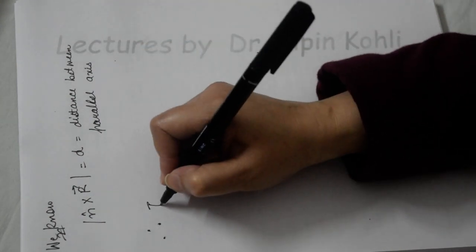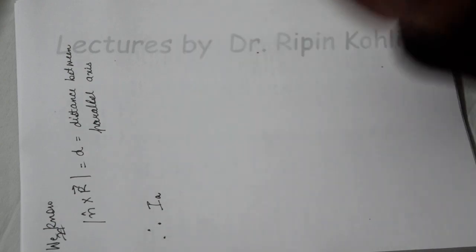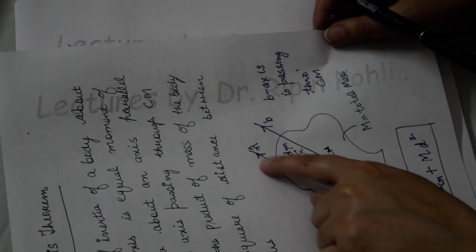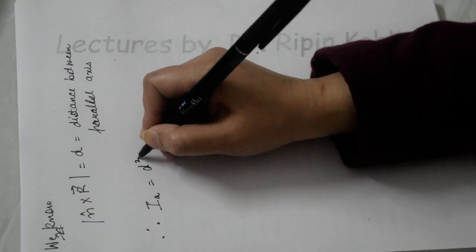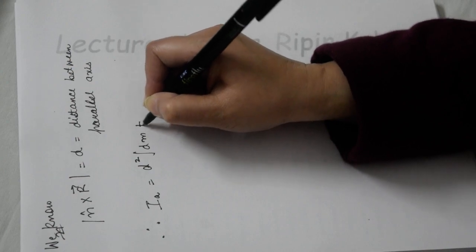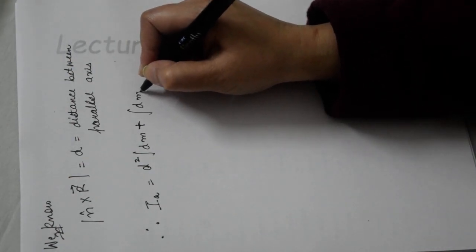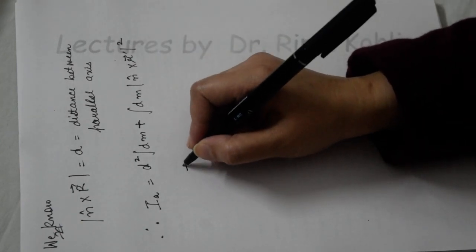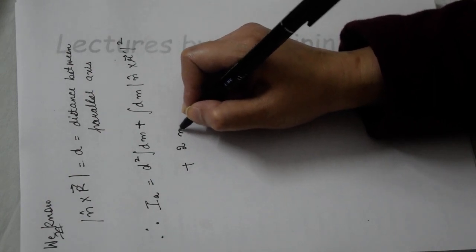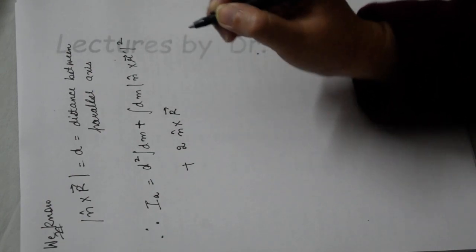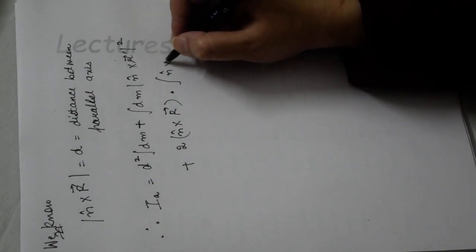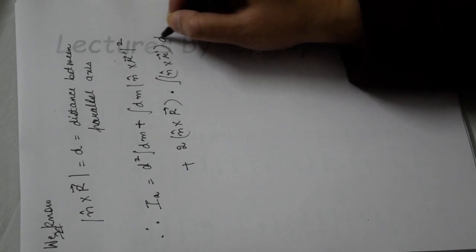Therefore, I write it as A, because here I am finding the moment of inertia about axis A. So IA is equal to d square integration of dm plus integration of dm (n cap cross r dash) square plus twice n cap cross r dot n cap cross r dash dm.